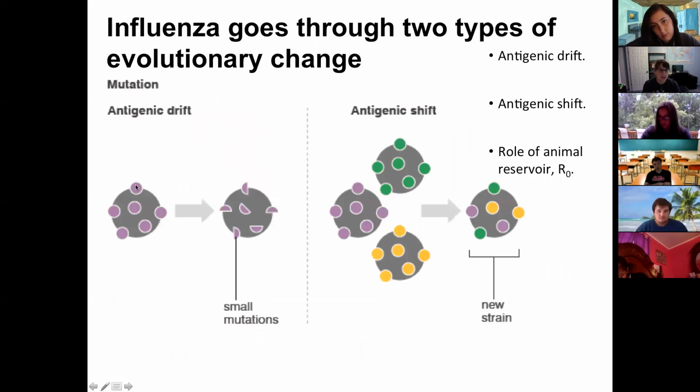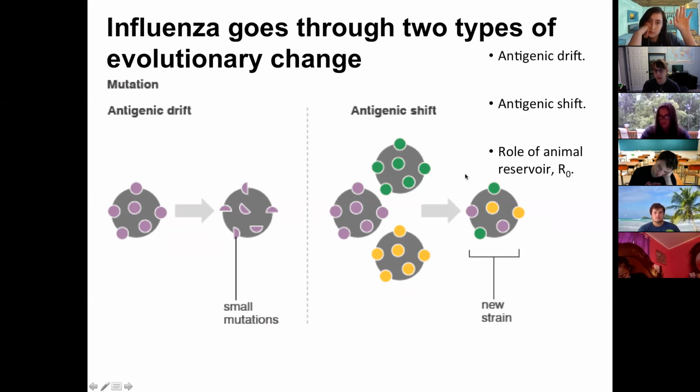In antigenic drift, the surface of the virus has these purple circles. If they make small changes in their shape by changing their nucleotide sequence, then you get a different shape, and our immune system has to go through the process again to recognize that shape to fight it off. So every year, every time the flu comes around, we have to develop a new response to a new shape of the flu.